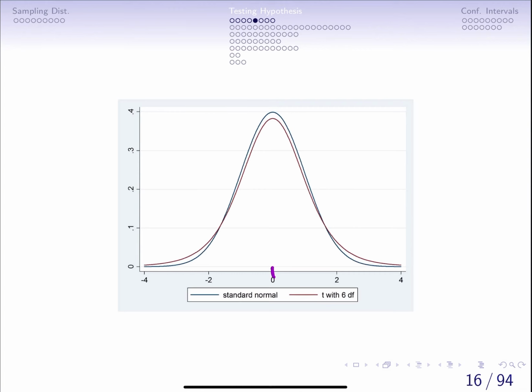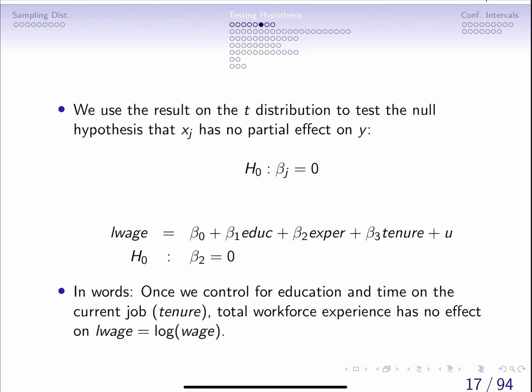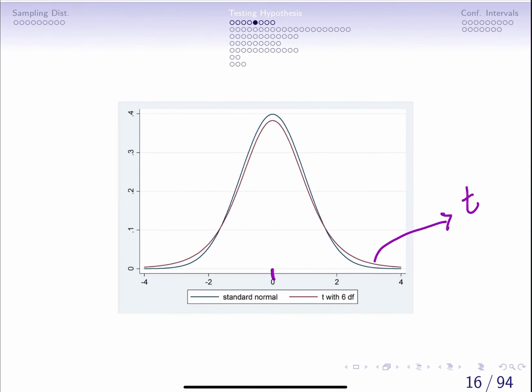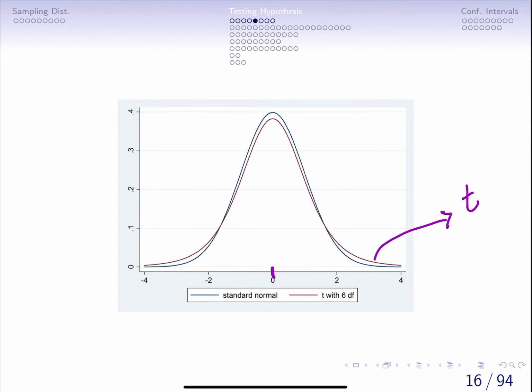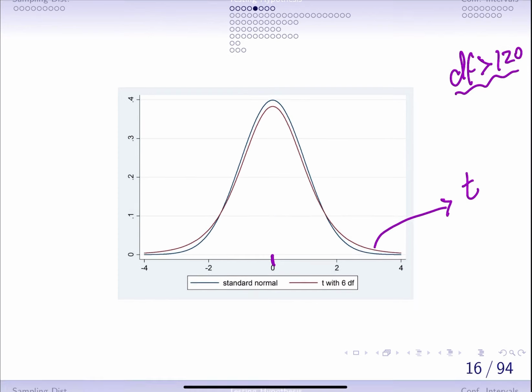And you can see that the red line here, which is our t distribution, is a little more spread out than the standard normal. But these would really coincide if degrees of freedom were greater than 120.